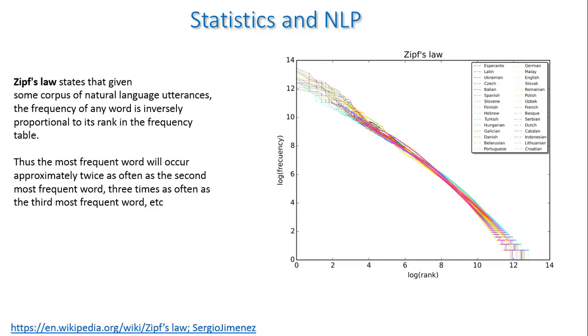The axes are log, so it's a log plot. So it looks like a straight line, but it is actually 1 over n. There is something going on here that we don't understand, but we are exploiting this fact.